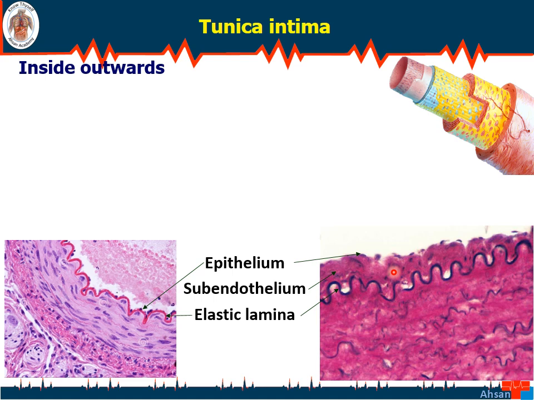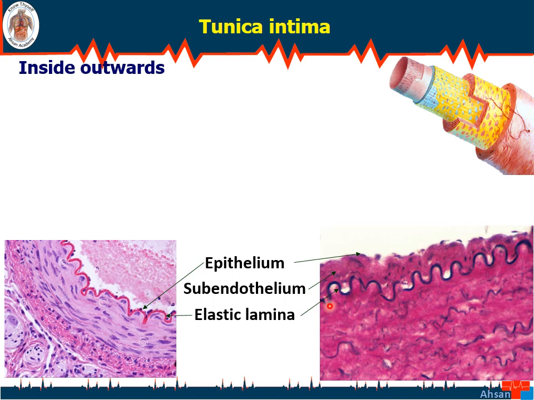This connective tissue is called subendothelial connective tissue. So intima comprises endothelium at all places, so everywhere it is simple squamous. Then it lies on a thin layer of connective tissue that varies in thickness, maybe a bit thicker or maybe very thin.